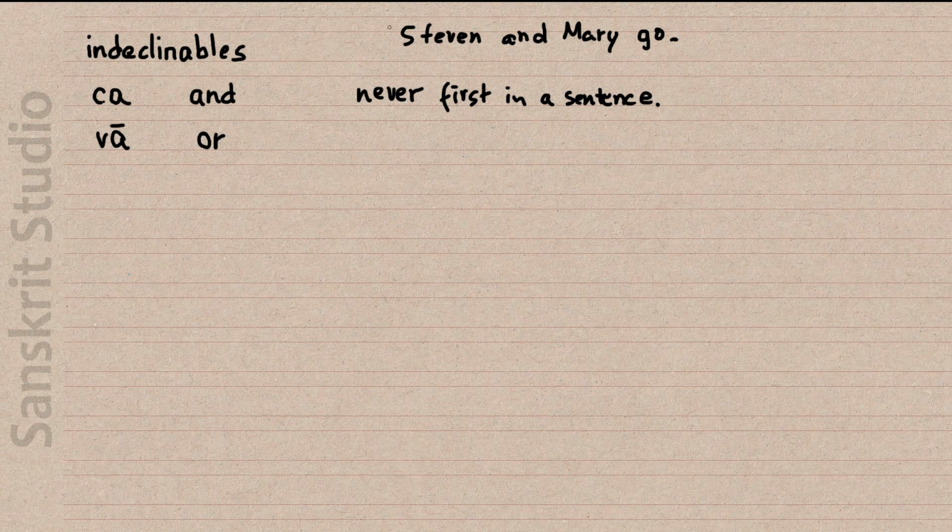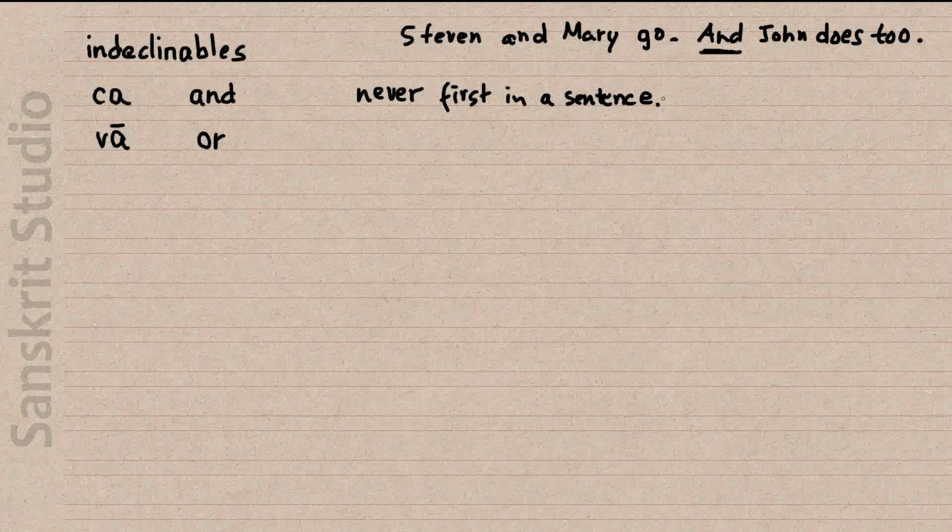So maybe this first rule is not so peculiar. We can say that this is natural, more or less. Of course, some persons start their sentences even in English with and, like, and John does too, or something like that. So this situation would never occur in Sanskrit with cha in this position as the first.